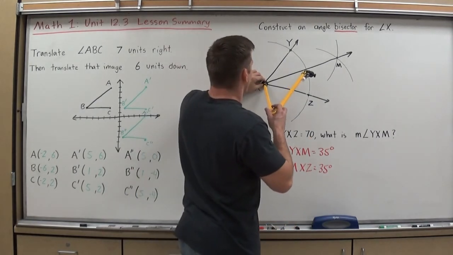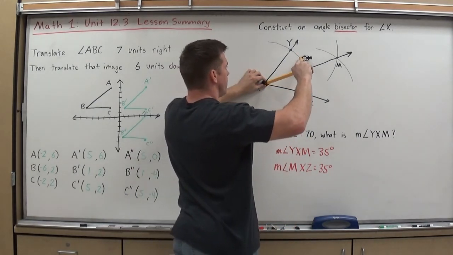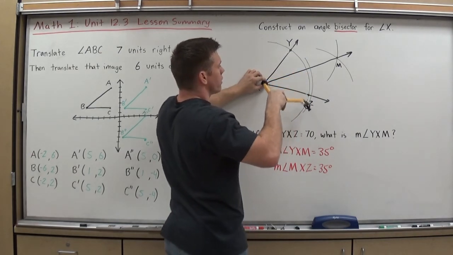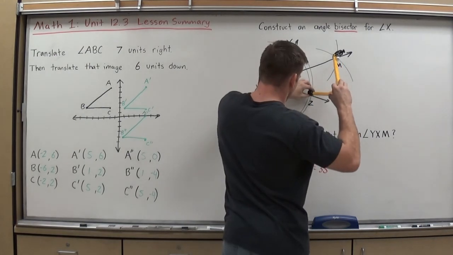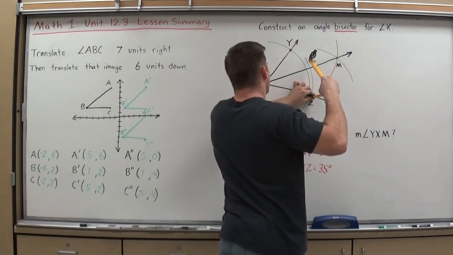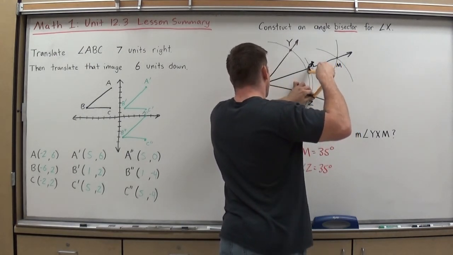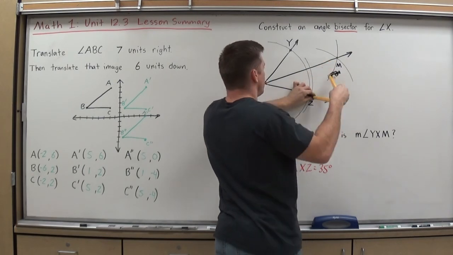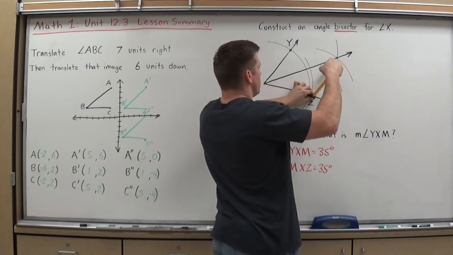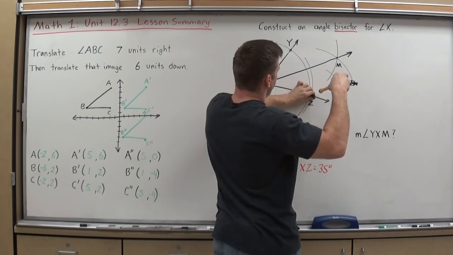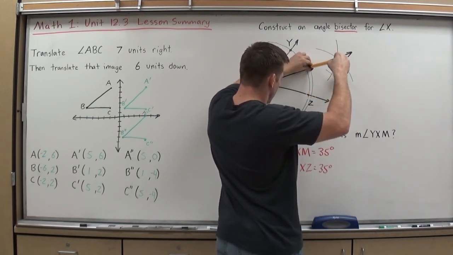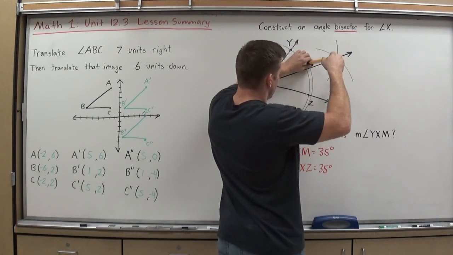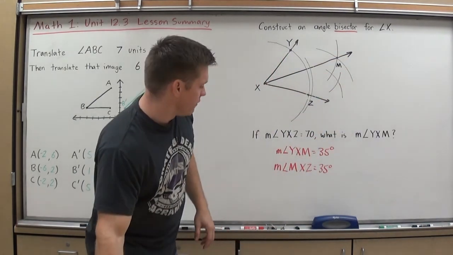So if I wanted to do that, I could just, again, make a general arc. I have 2 intersection points here. I'm going to set it to that length. Make 2 general arcs off that section. And find the intersection point of those 2 arcs.